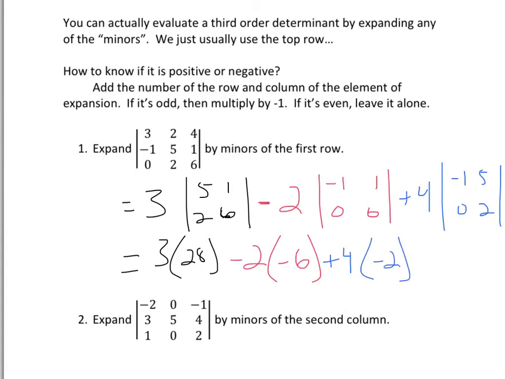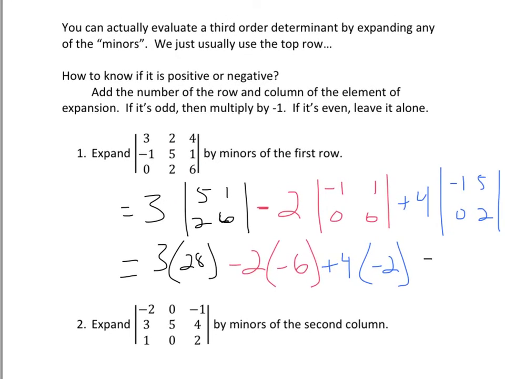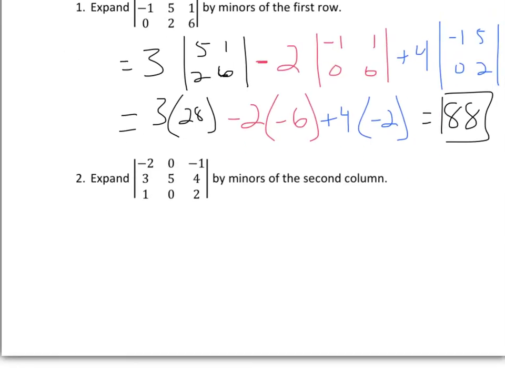So the answer is 3 times 28, which is 84. 84 plus 12 is 96, minus 8 is 88. That's your final answer. And if you expand that by any of the minors, you're going to get the same answer every single time. That's what's kind of sweet about this thing.